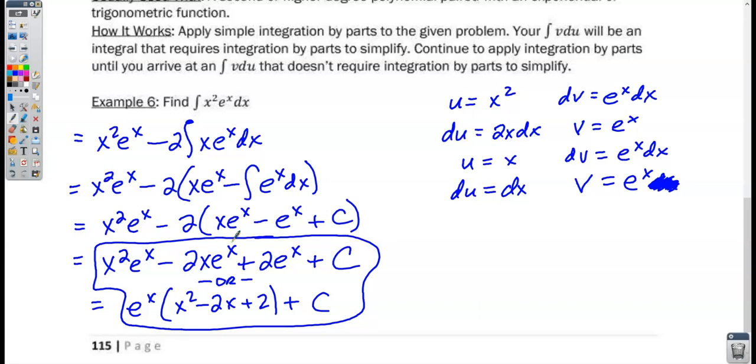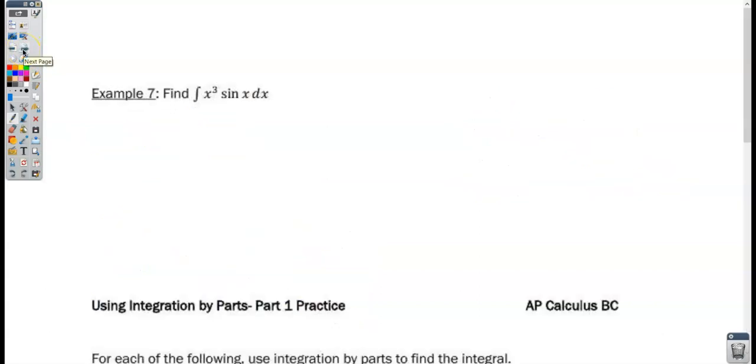And that's all it is when we're doing multi-step integration by parts. Let's go ahead and do another example. The integral of x cubed sine of x dx. One of the things you'll find about these multi-step integration by parts problems is the larger the power of the polynomial, the more steps we need to complete. So this one's going to be quite a few steps for us since we're starting with an x to the third.